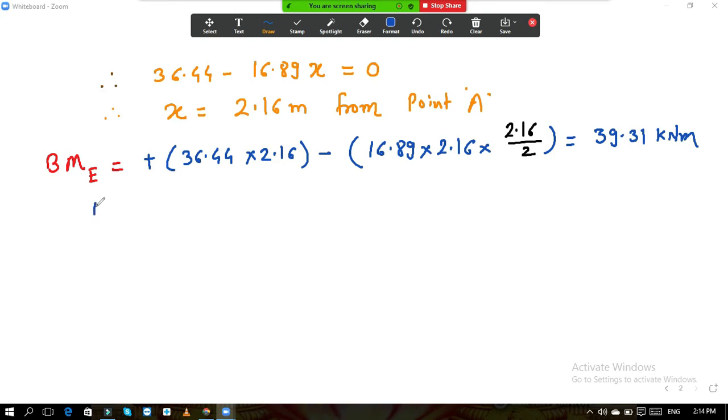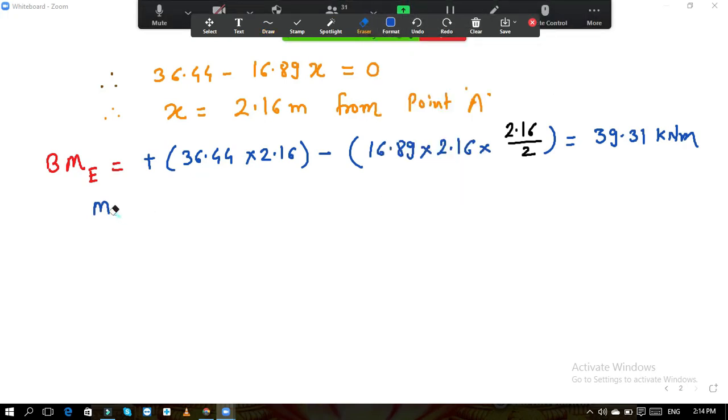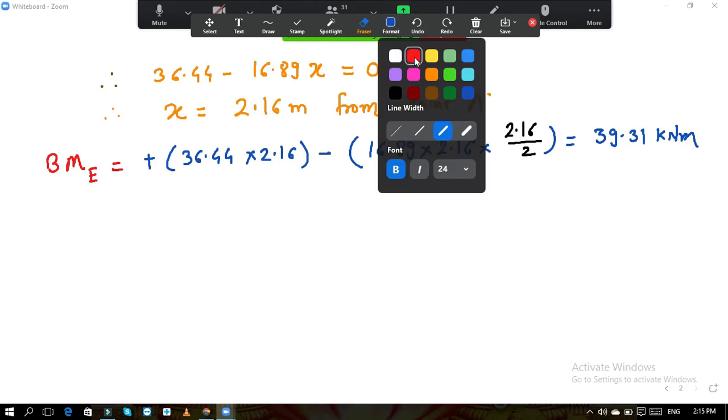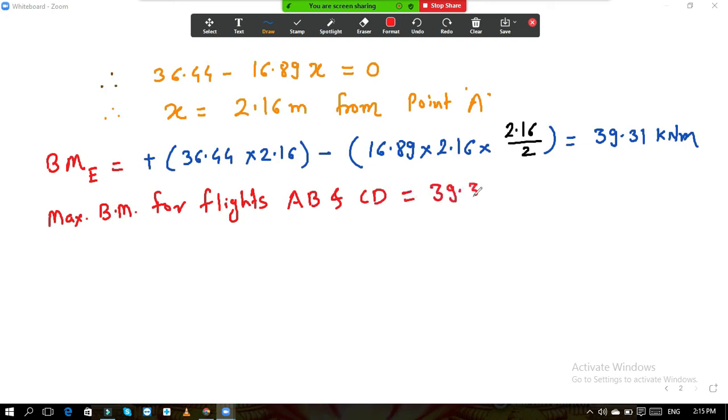Okay, so I will write here: maximum bending moment for flights AB and CD is equal to 39.31 kilonewton meter.